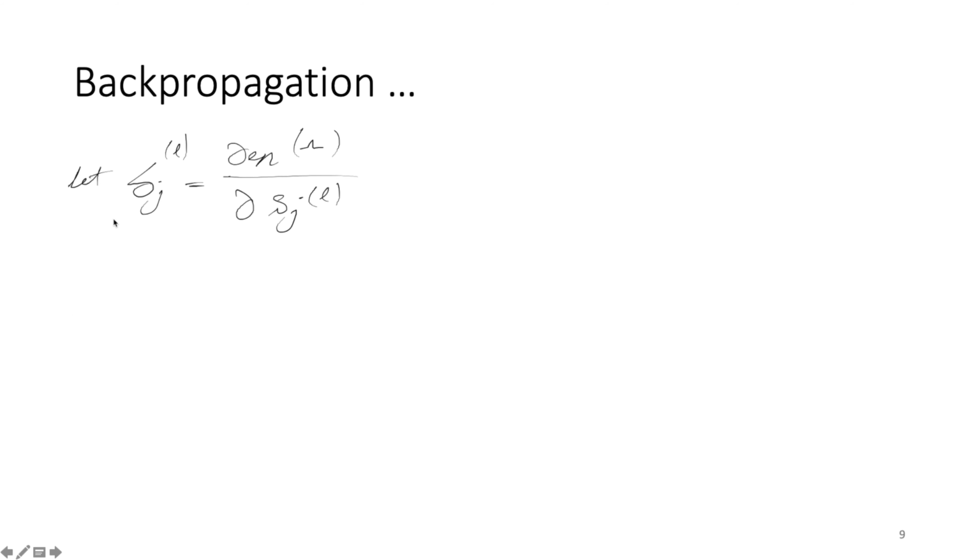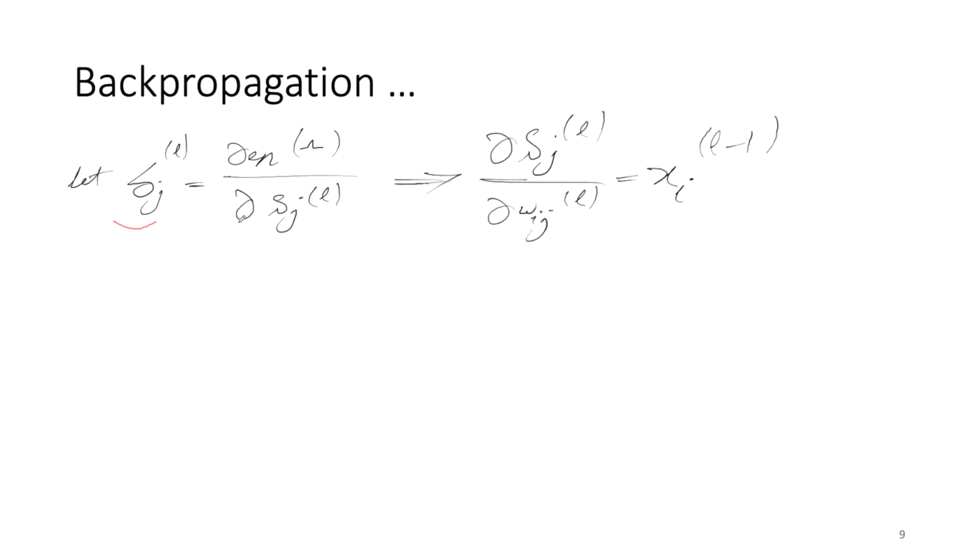So let this delta be equal to that. Thus, we're going to have dS_j of L divided by dW_ij of L. If you divide these two, you're going to find the input of the previous layer, right? Because using the input of the previous layer multiplied by the W's, you would compute S_j, so it's the other way around.